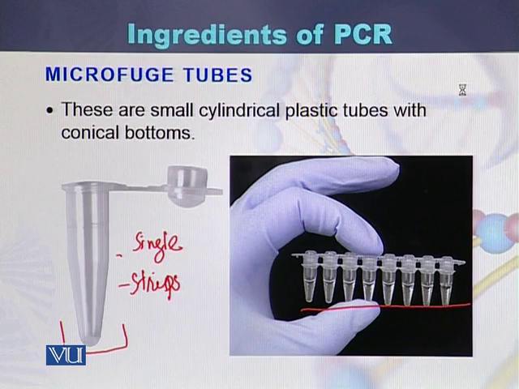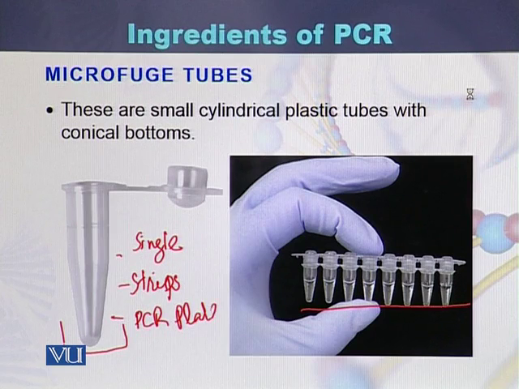So PCR tubes can be in the form of a single tube, a strip, or a PCR plate. In a PCR plate, there are 96 tubes joined with each other in the form of a plate. So the microfuge tube is actually the tube in which the PCR reaction is performed.